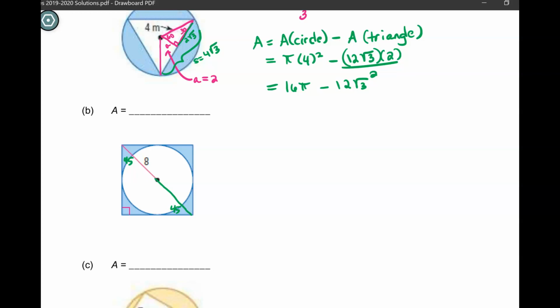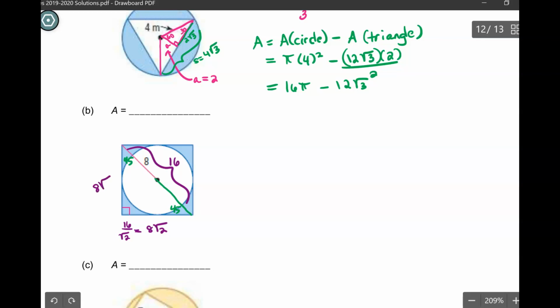Now, if that is 8, that makes the entire diagonal 16. So if I have the hypotenuse of a 45, 45, 90, the hypotenuse is 16, I'm going to divide by square root of 2. So if I take 16 and divide by square root of 2, I get 8 times the square root of 2. And that would make this side 8 square root 2.